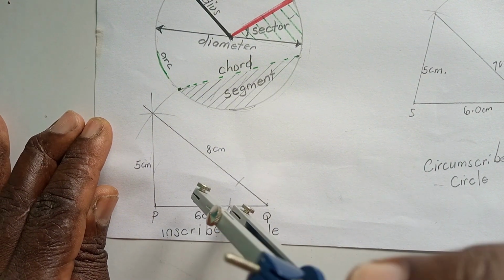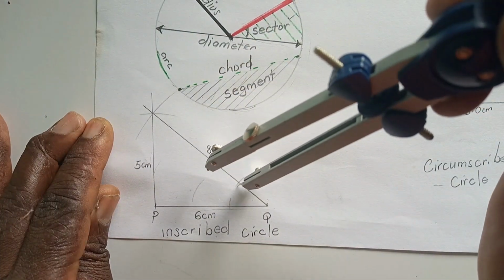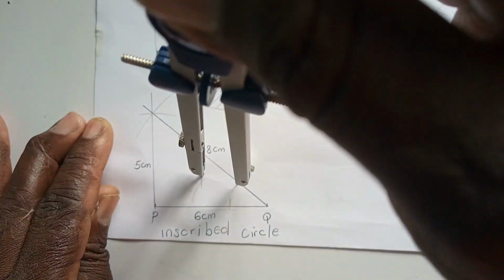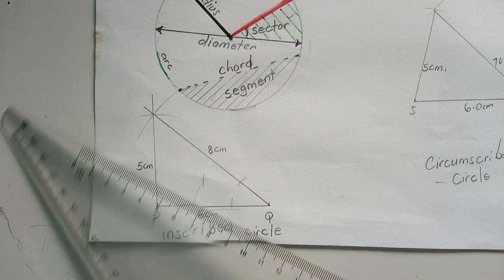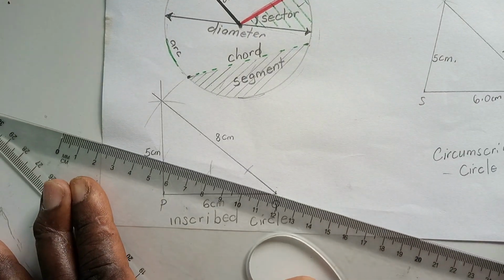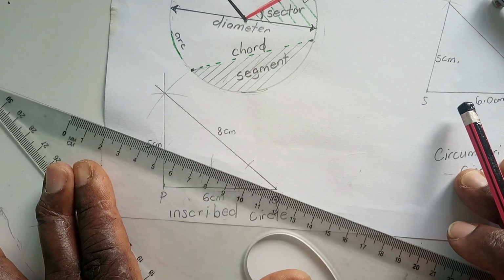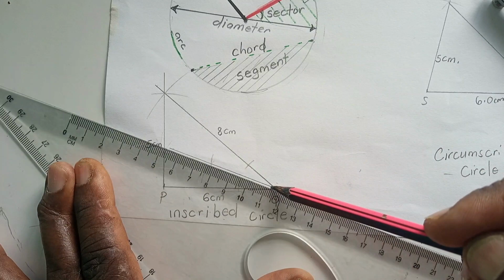I move to this other point there, draw an arc, and then I move to this other point without adjusting any distance. I make another arc there, and then I draw a straight line joining these two arcs.